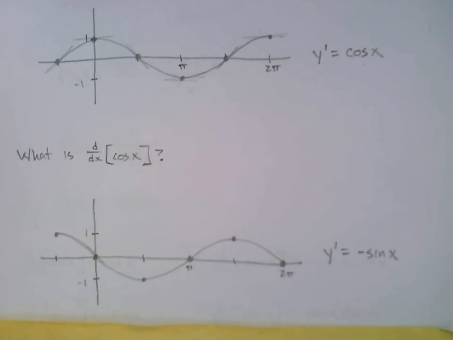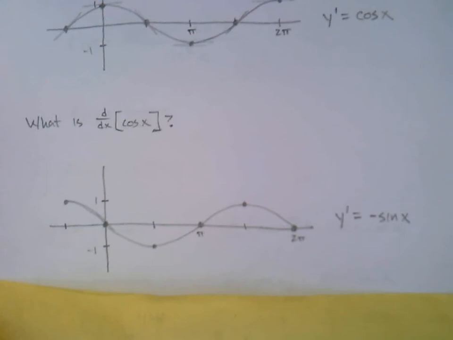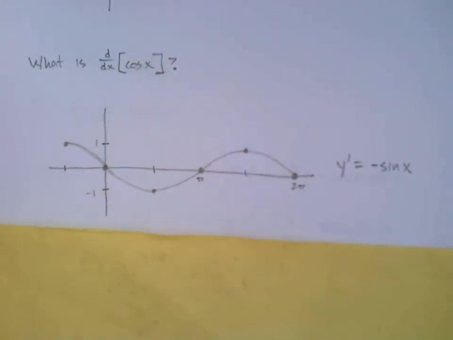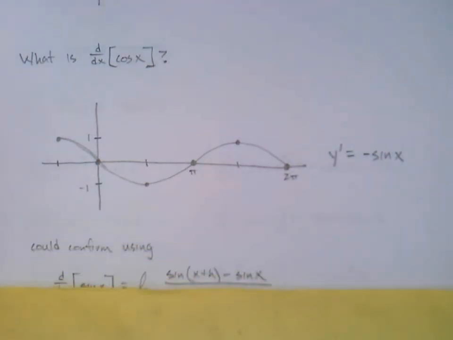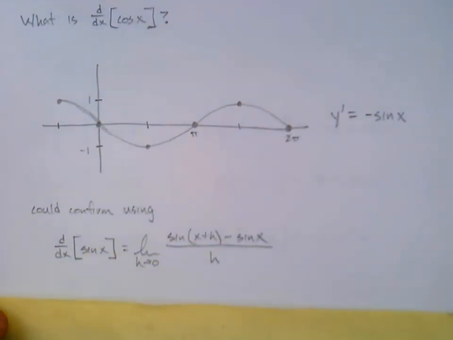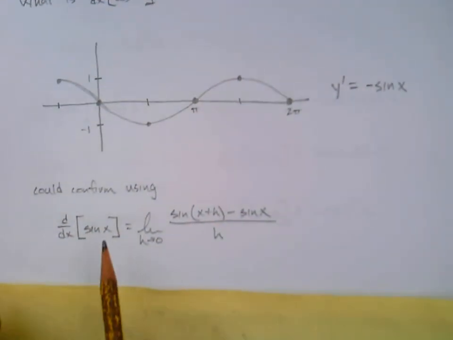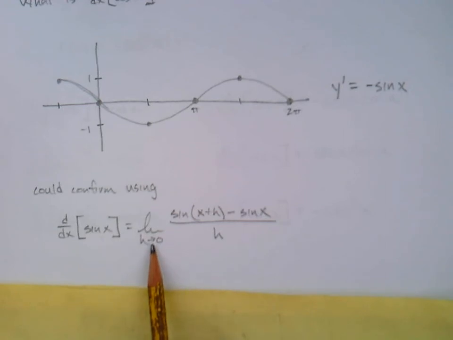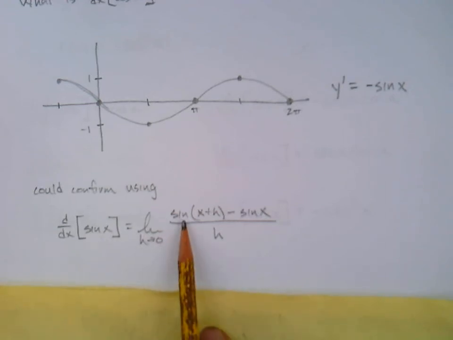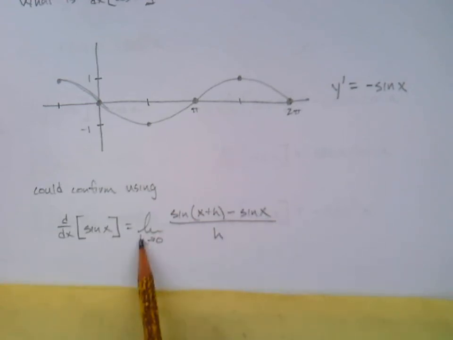Okay, we're about to move on to tangent. One thing I want to point out, again, we're doing this graphically. This is not a proof or definitive. If we wanted a proof, maybe for sine x, we could go back and use the definition of the derivative, which would be the limit as h approaches 0 of sine(x plus h) minus sine x over h.